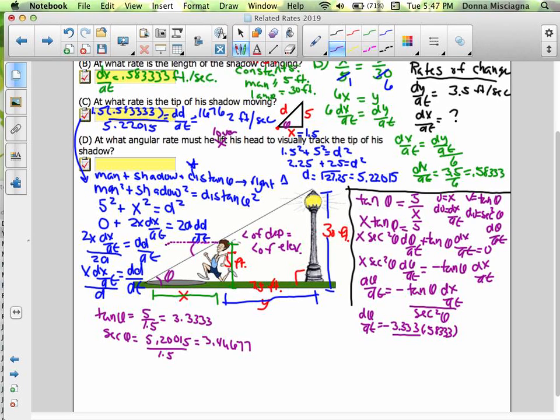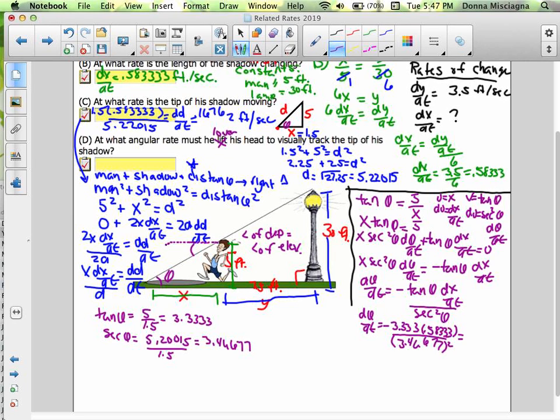Divided by 3.46677 squared. My shadow is blocking. 3.46677, and that's squared.